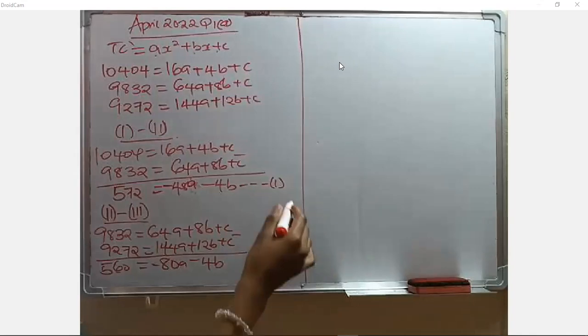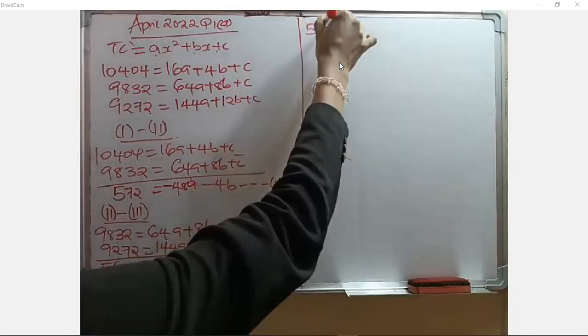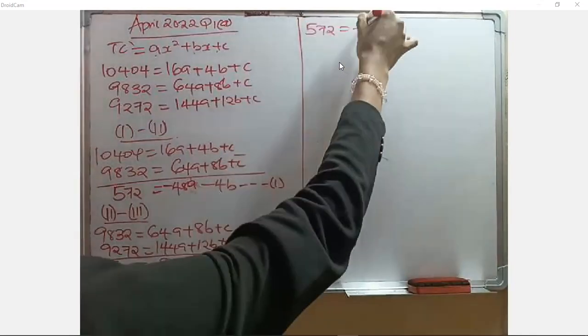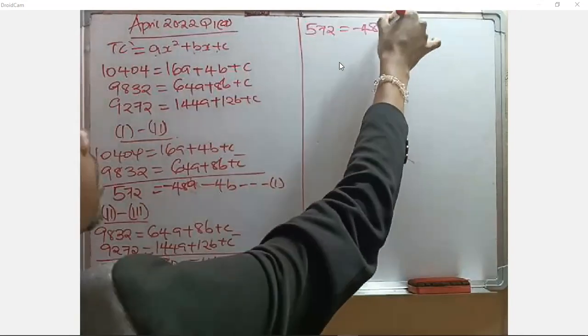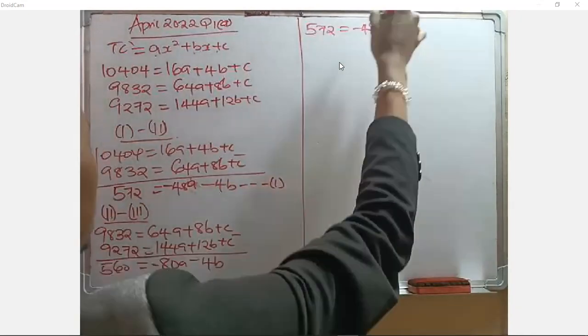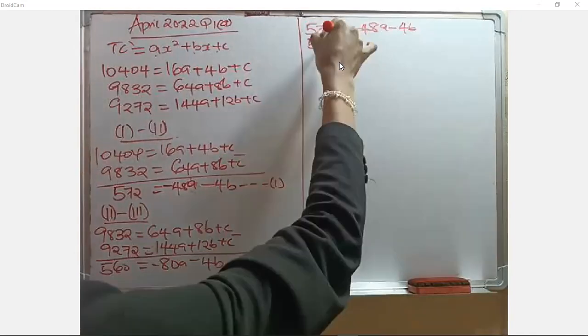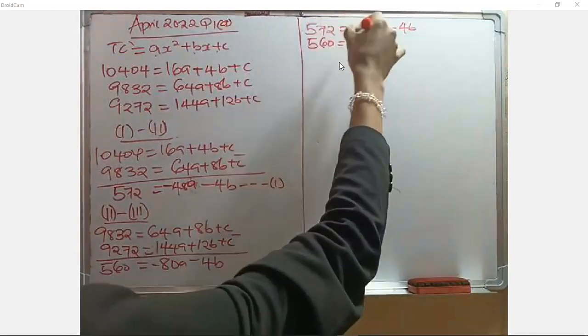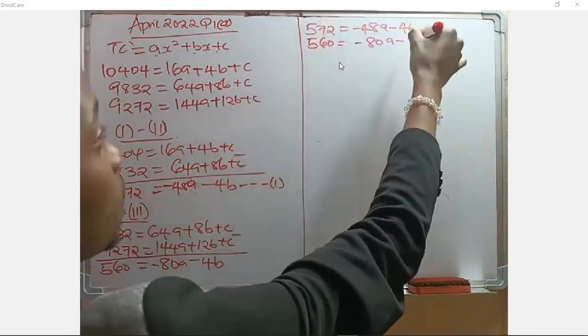To get the values of A and B, we have to eliminate one unknown again. So I take 572, which equals negative 48A minus 4B. The other one is 560, which equals negative 80A minus 4B.